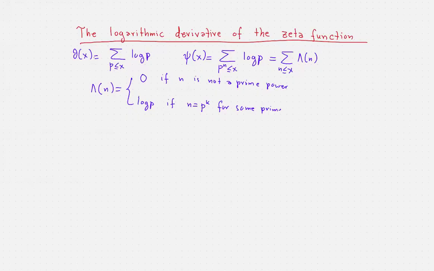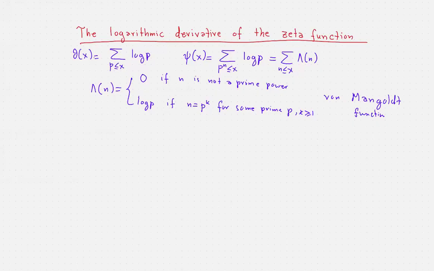Okay, so this is the von Mangoldt function. And we can see that we have this alternative expression for the function psi.